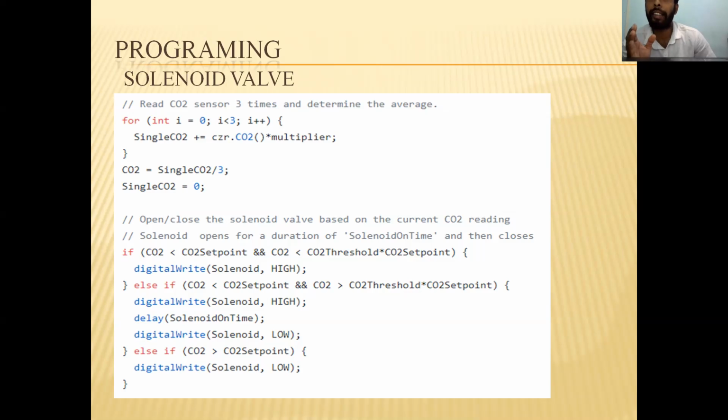And if the percentage of carbon dioxide is more than the threshold point, then there will be no supply for the solenoid valve and the solenoid valve remains closed, sir. In this way this program works, sir, for the solenoid valve.